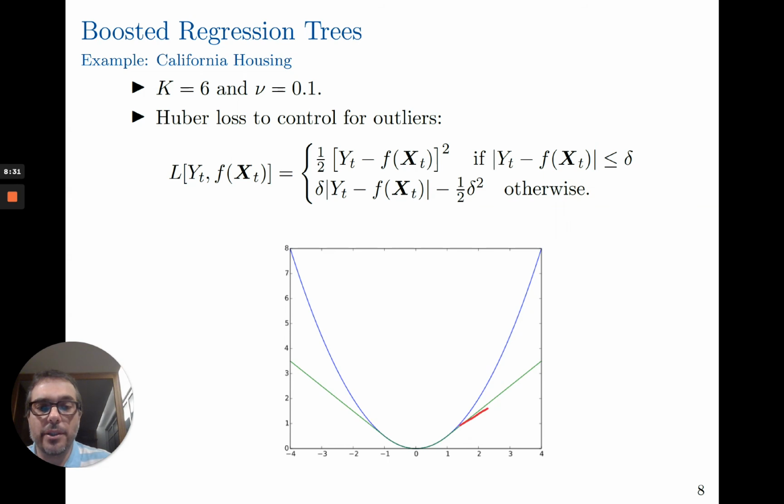So you have a linear function, and not a square function. They selected the tree depth equal to 6 and the learning rate as 0.1.